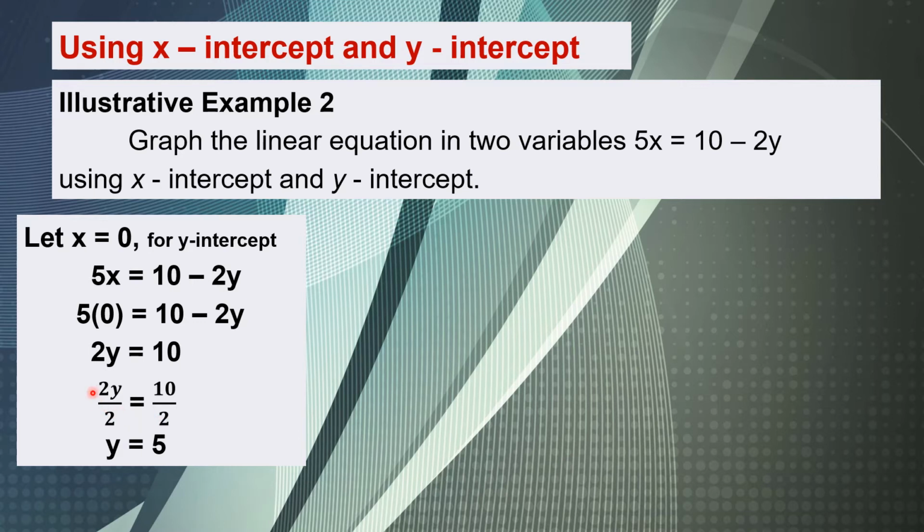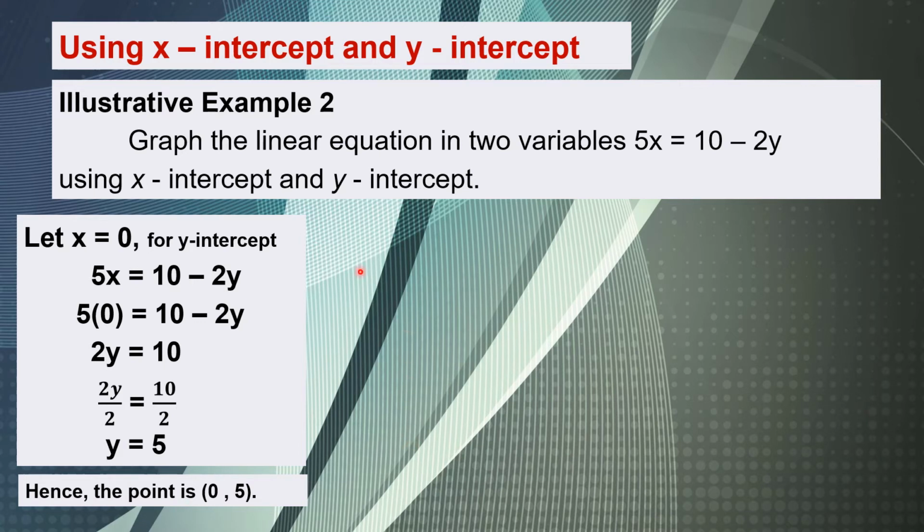So, 2y divided by 2 is equal to y. Because 2 divided by 2 is 1. May 1 dito, 1y or y only. Or pwede namang cancel ang ating 2 dito. So, 10 divided by 2 is equal to 5. Thus, our first point is (0, 5). Okay.